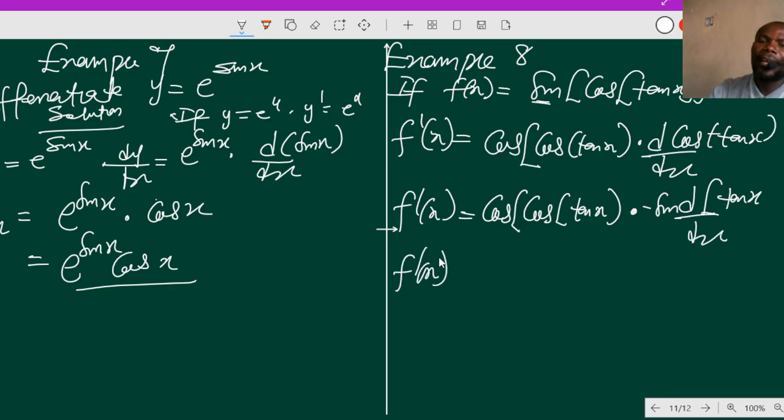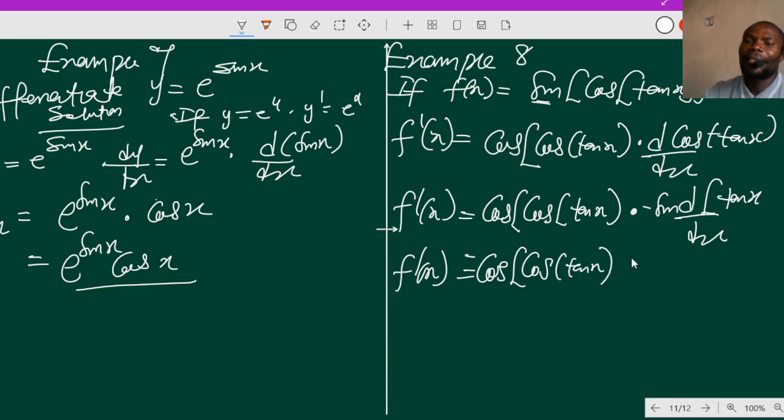So f prime of x will now be cos of tan x, dot sec squared x, because the derivative of tan x is sec squared x. The tan x remains as it is before differentiating it.